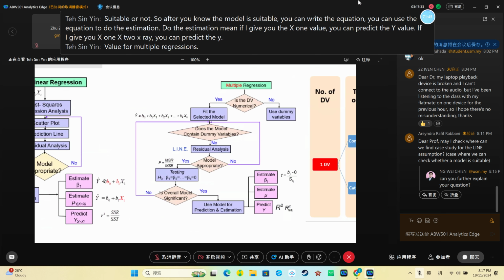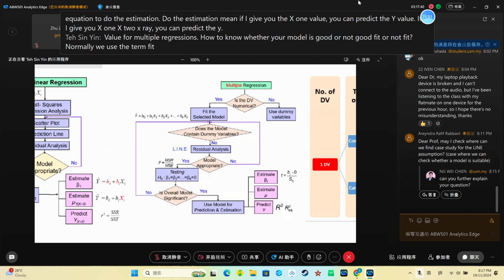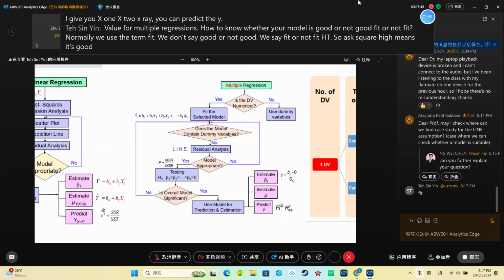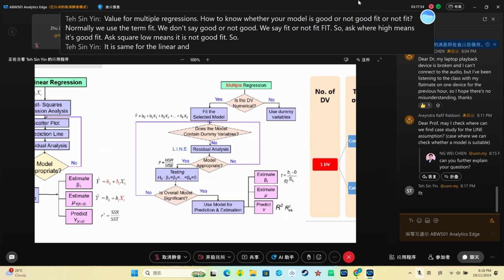How do you know whether your model is good or not good, fit or not fit? Normally, we use the term fit. We don't say good or not good. We say fit or not fit. So high R squared means a good fit. Low R squared means it is not a good fit. It is the same for linear and multiple regression.